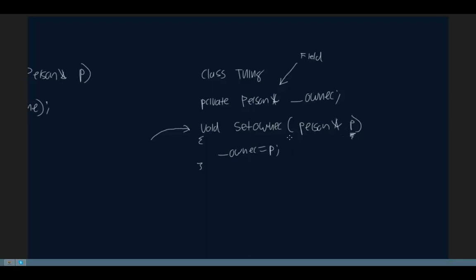But we assign the value of p to a field, and a field is longer lived than the method. The field lives longer in memory than the method does, which means we have to retain owner or p. It doesn't matter which one we retain because they're the same object, but for the sake of clarity, I'm going to choose to retain on owner. But to do the same thing.